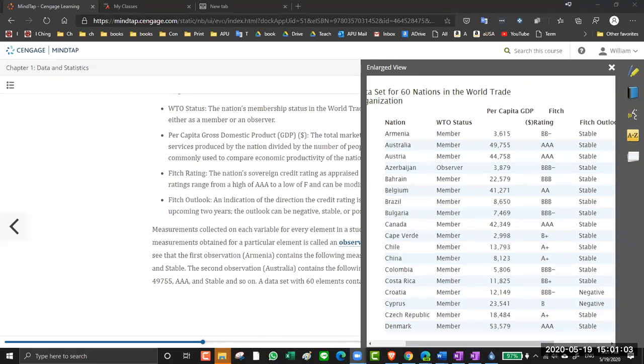I think from the perspective of the WTO, it's like whether you would give that country a loan or not. For example, Australia has a AAA rating, so you're probably more likely to get loans from world organizations like the IMF and World Bank, whereas Armenia is far less likely.